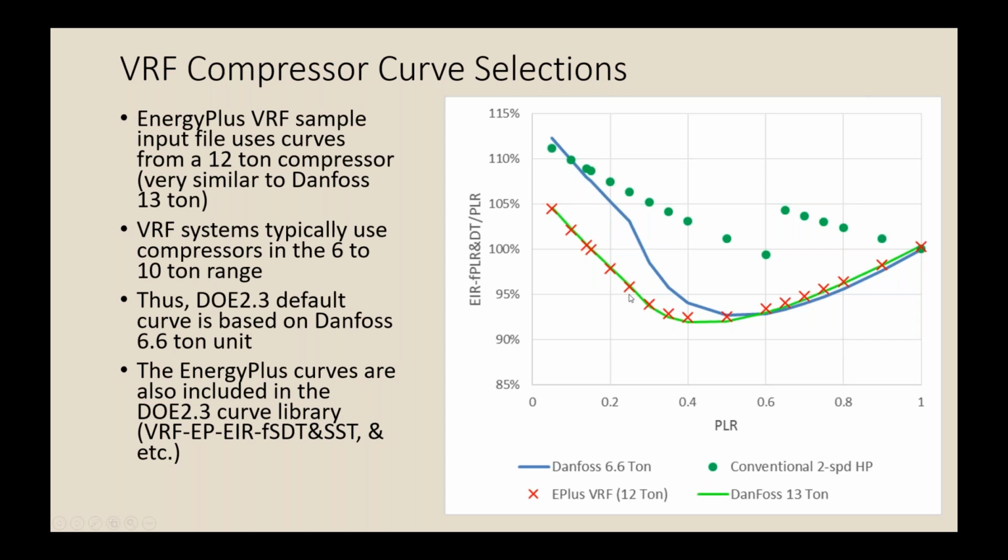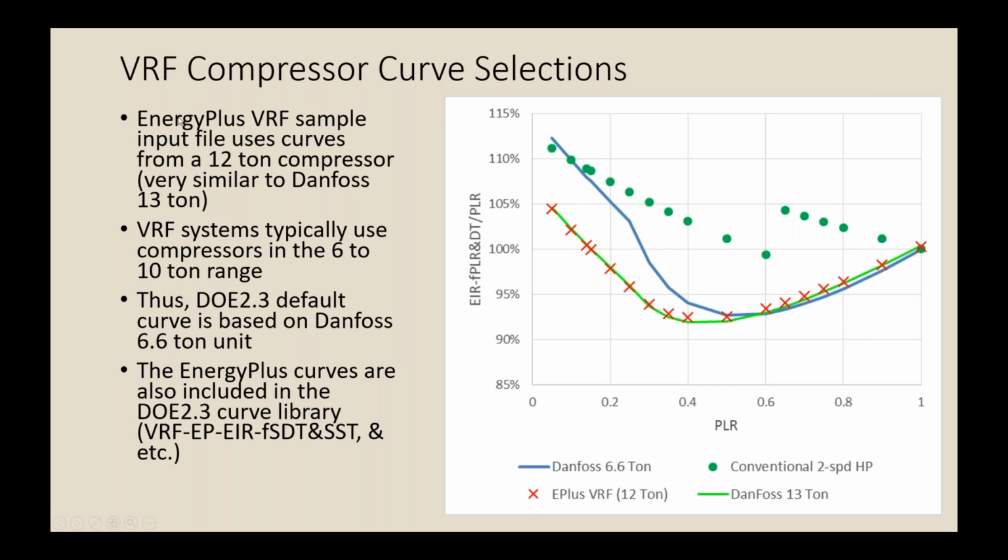The X's are from the VRF curve that we were just looking at, the EnergyPlus VRF curve. And the bright green is data that I found for a Danfoss compressor, a variable speed compressor that's a 13-ton unit. This is EIR as a function of part load ratio, and it's for a certain value of the delta T, kind of a mid-range value.